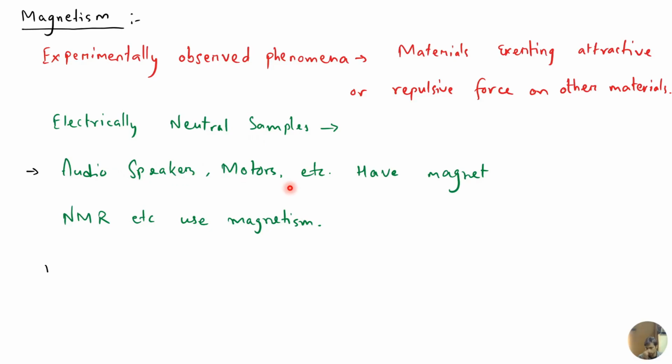They are very commonly found and have a lot of technological applications. There are also sophisticated equipments, for example NMR, which uses magnetism. There are other fields in medical sciences and even in fundamental physics where magnetism is used a lot.